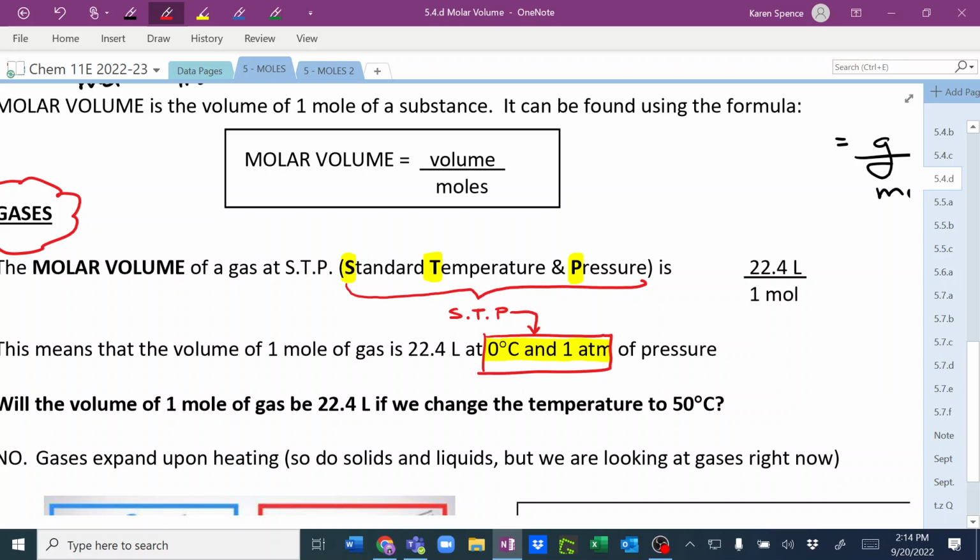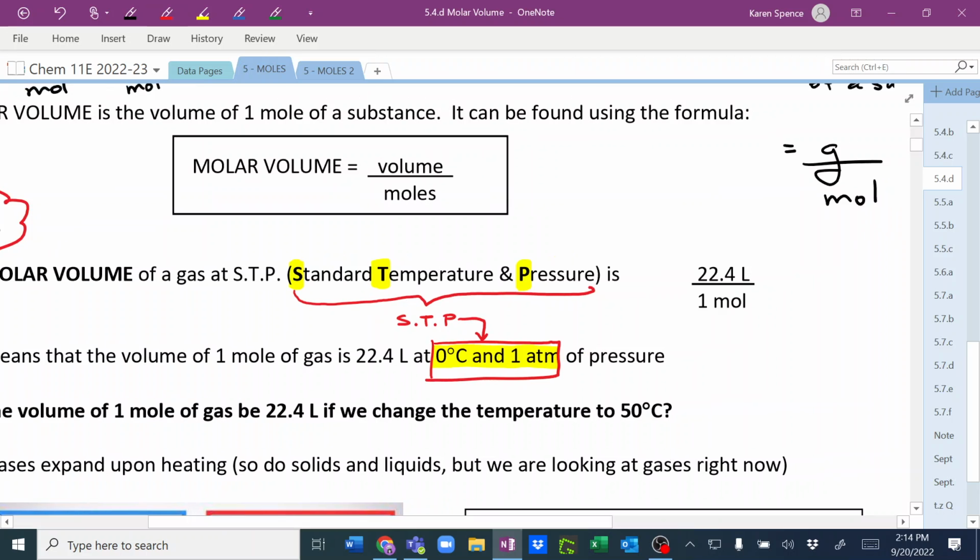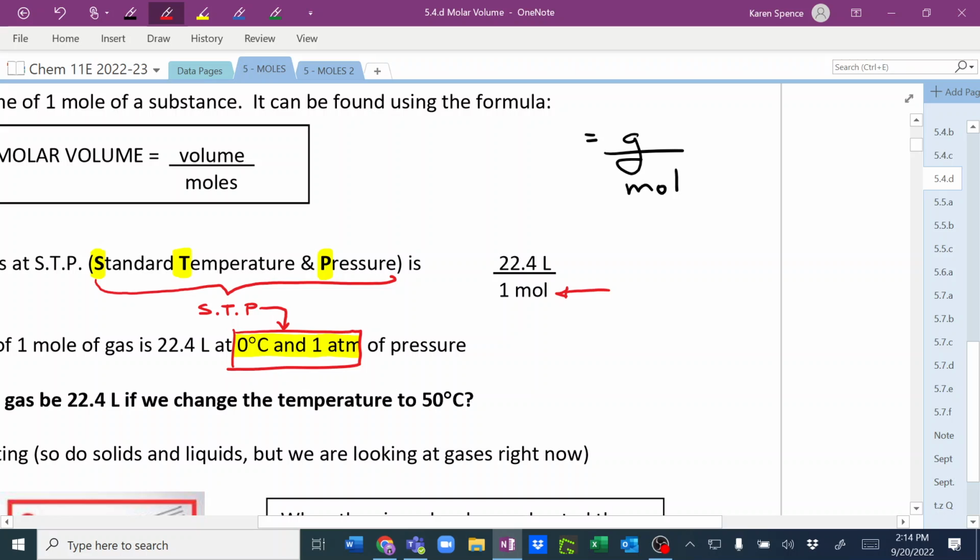And it's actually the same for all gases. It doesn't matter what gas you have. 1 mole of any gas, oxygen gas, methane gas, carbon dioxide gas, nitrogen gas, any kind of gas you could name, if we are at, what's the temperature? 0 degrees Celsius, and what pressure? 1, and what does ATM stand for?